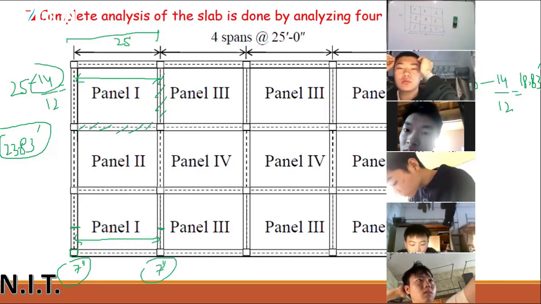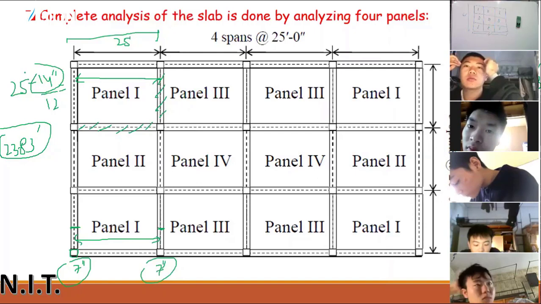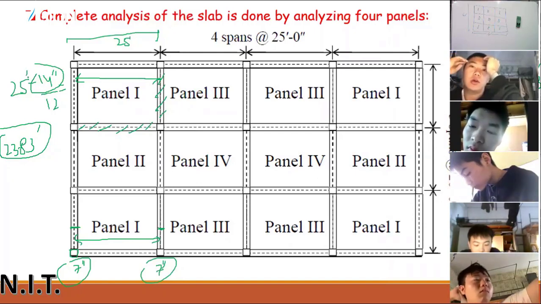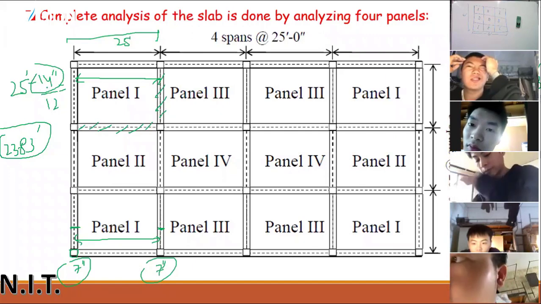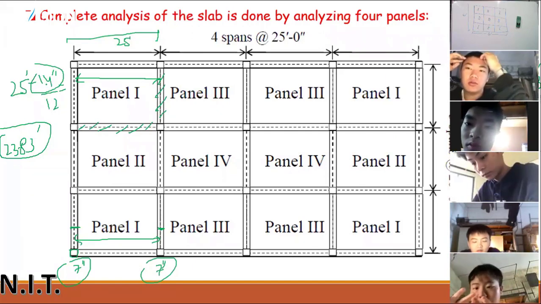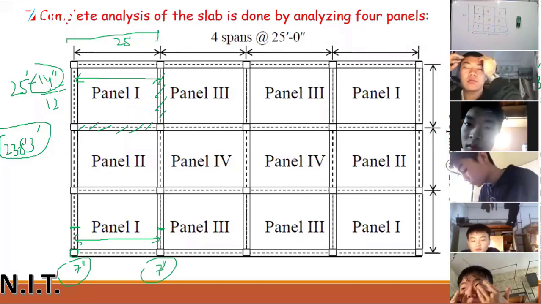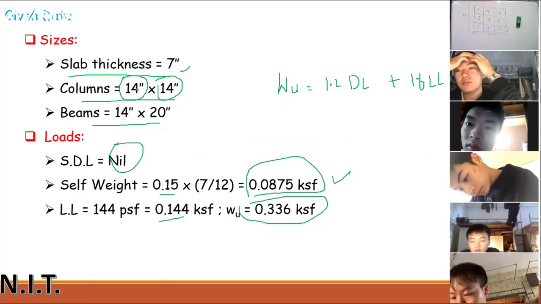This 14 is in inches and this 25 is in feet. So I cannot subtract 14 inches from the 25 feet. Only one thing, that all the units should be the same. So that's why I have divided this 14 by 12 to convert inches into feet. Clear? This 14 is in inches, so to convert it into feet, I have divided by 12.